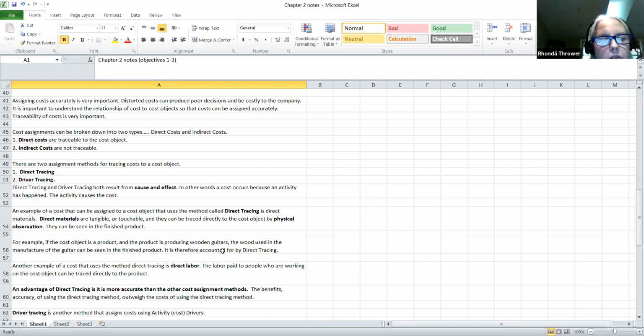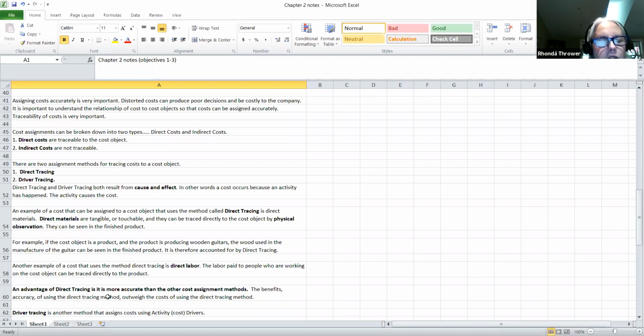Another example of a cost that uses the method of direct tracing is direct labor. That's the labor paid to the people who are actually physically working on the cost object, the product. Their labor can be traced directly to the product. So direct materials and direct labor are traceable types of cost.